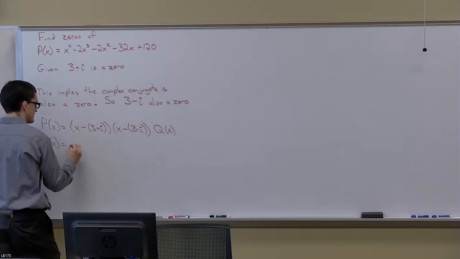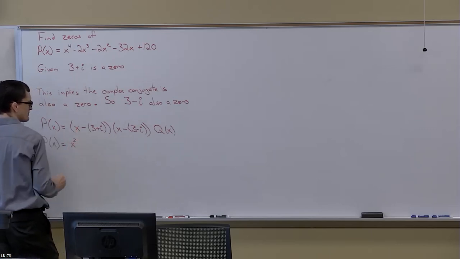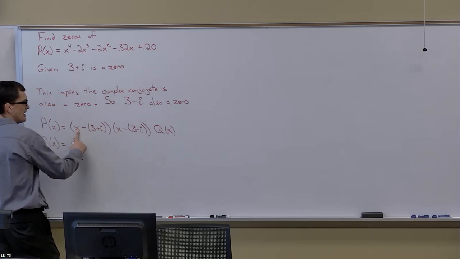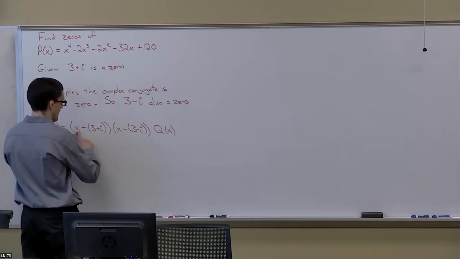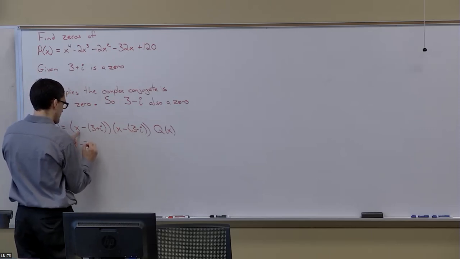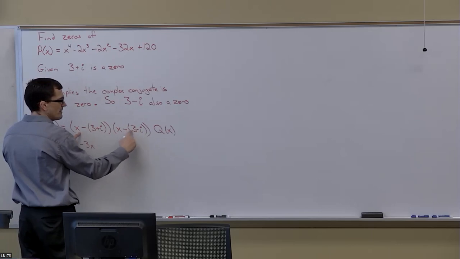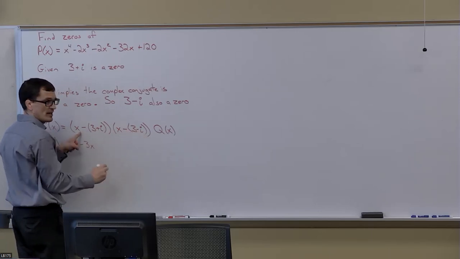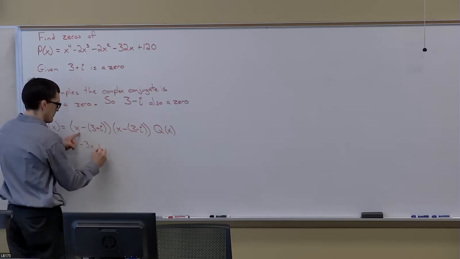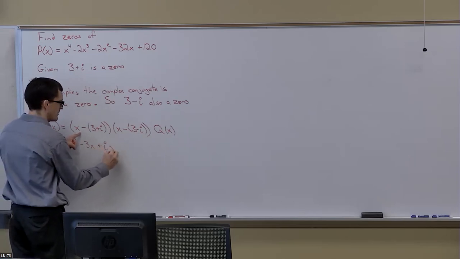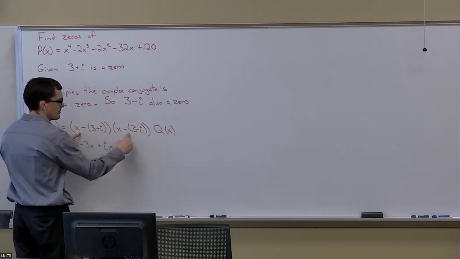x times x is x squared. Now, this is kind of tricky. I'm going to do x times minus 3. x times, this is minus a minus i, so this is x times a positive i. Is that okay? So positive i times x. That's what happened when I multiplied the x through.